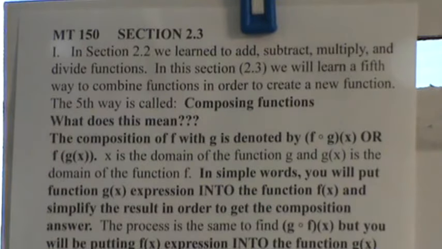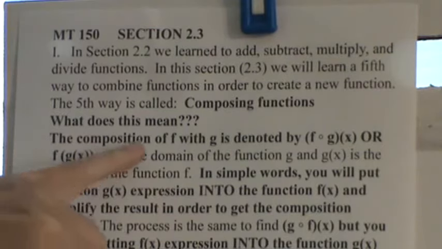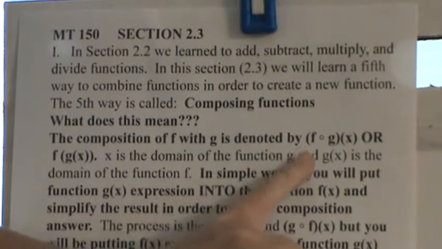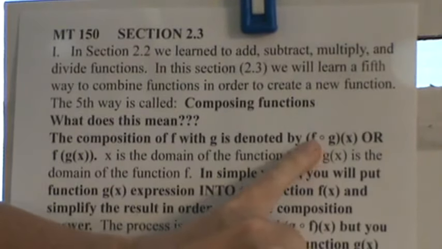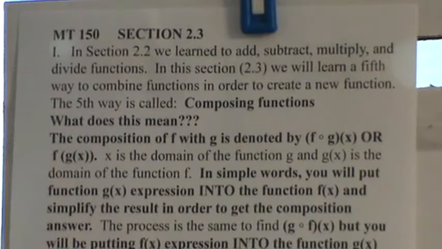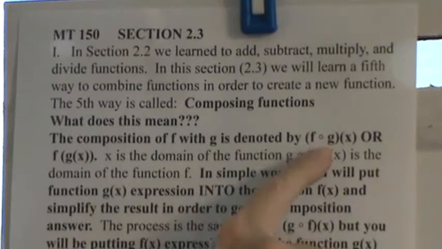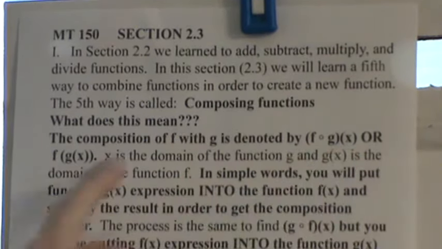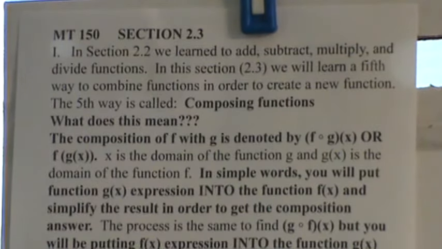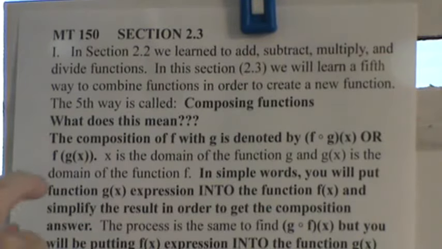Now what in the world does this mean? Well, the composition of f with g is denoted by f, the little open circle, g of x, or you can just use parentheses, f of g of x. That's read f of g of x. X is the domain of the function g, and then g of x is the domain of function f.